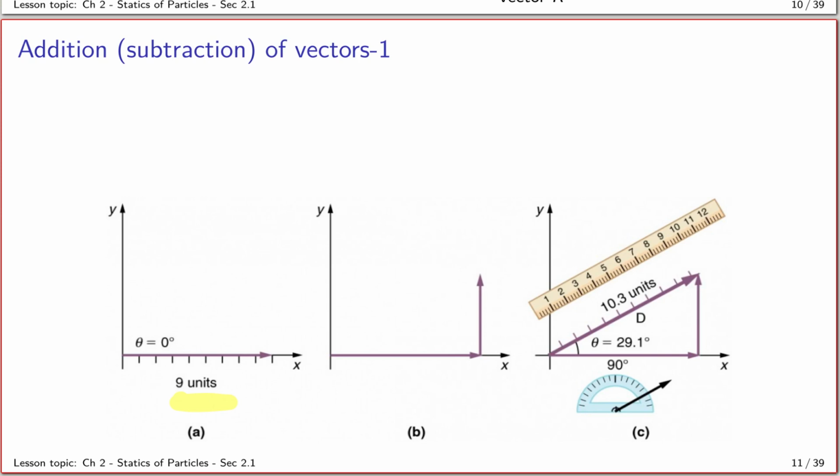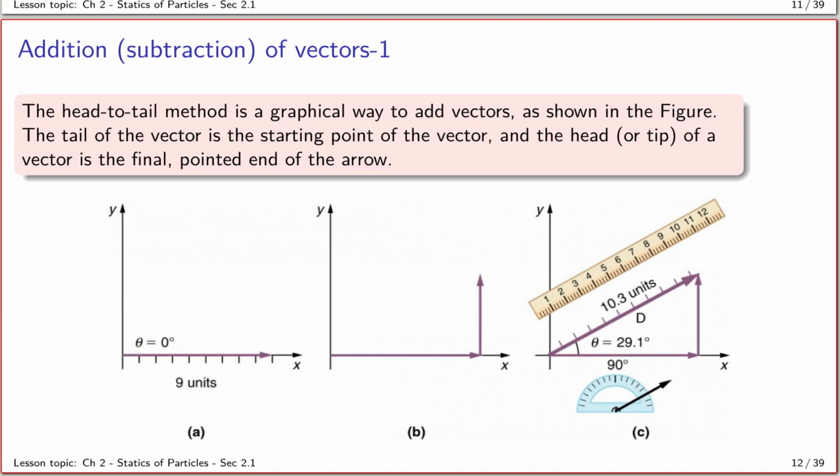Well, vector addition can be done very straightforwardly by taking the fact that you have a vector having a tail and a head. In order for addition to take place, you take the vectors and add them tail to head. This is called the head to tail or tail to head method.